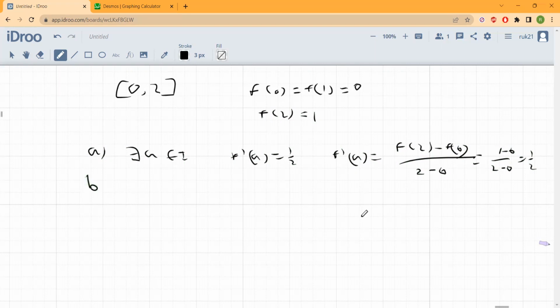So then B. The second thing says there exists such a B in I such that f prime at B is bigger than 1/2.